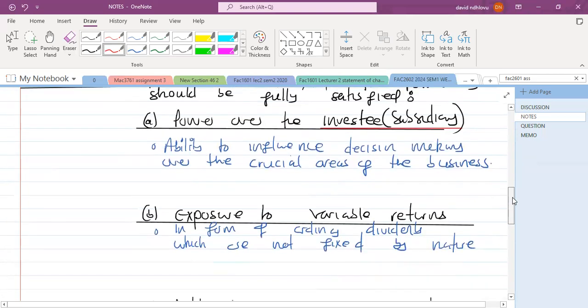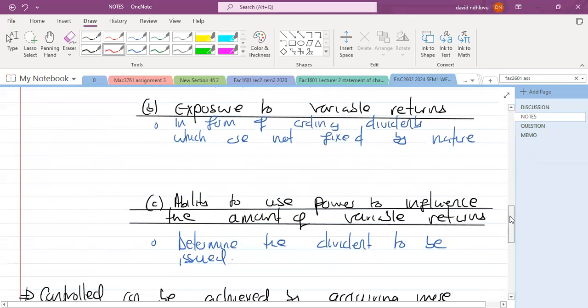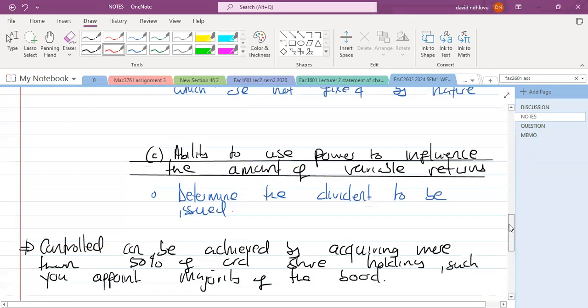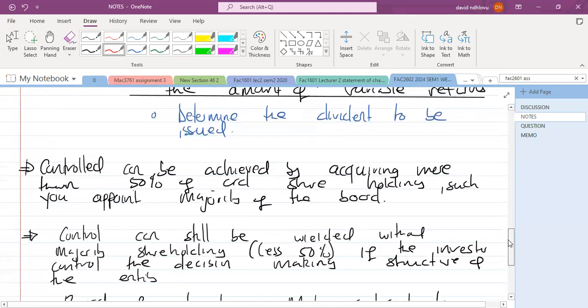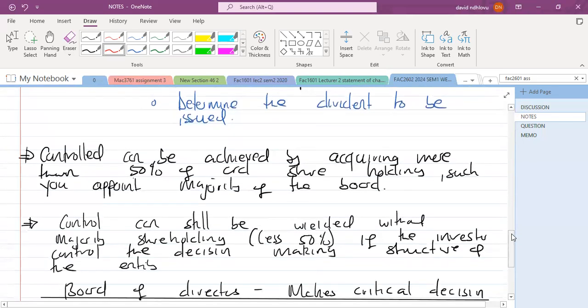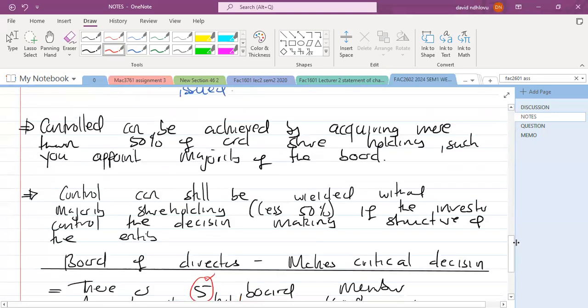There must be power, there must be exposure to variable returns, and the ability to use the power to influence the amount of variable returns. Normally control is achieved if an entity acquires more than 50% of the shares of the other company. They will probably outvote everyone when it comes to voting.